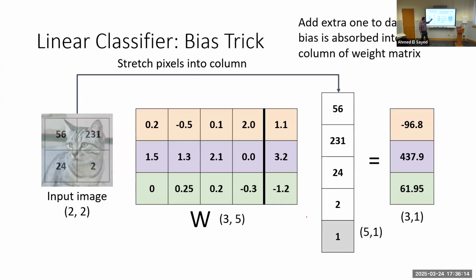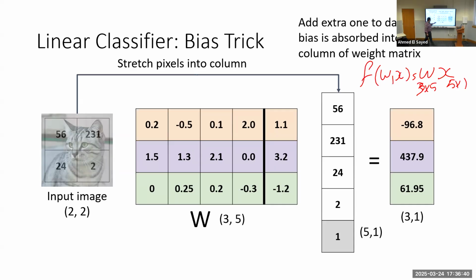I'm moving the B to be part of the W, and I'm increasing this vector to be 5 by 1. In this case, the equation becomes 3 by 5 times 5 by 1. So voila, we return back to a linear equation.